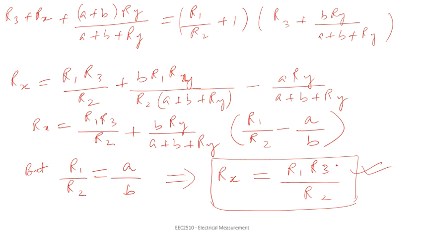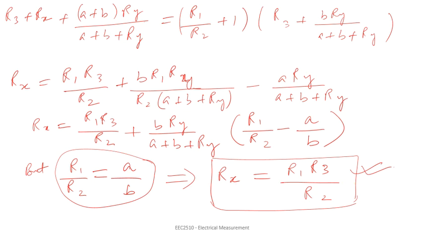So this means that the resistance of the connecting lead has no effect on the measurement, but there is one condition. What is that condition? That the ratios of the resistances of the two sets of ratio arms are equal. So this has to be followed if you have to eliminate the contact resistance.